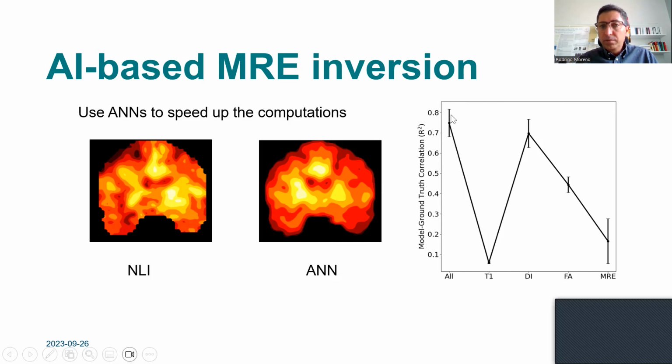And actually we got 75% R-squared, which is not bad, but we were more interested in this correlation with diffusion. So then we added a lot of other modalities, for example, anatomical images, T1, direct inversion, that is not as accurate as nonlinear inversion, and then FA, that is the fractional anisotropy that is related to diffusion, and then the raw data from MRE.